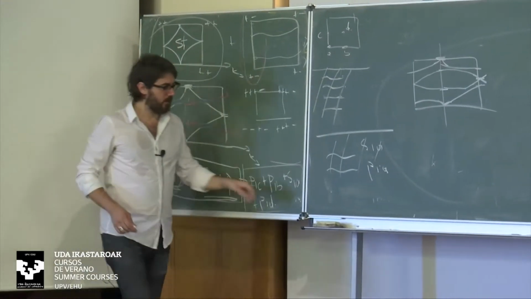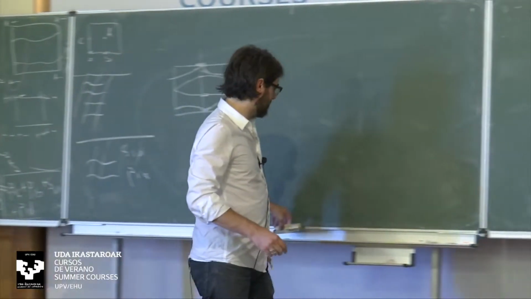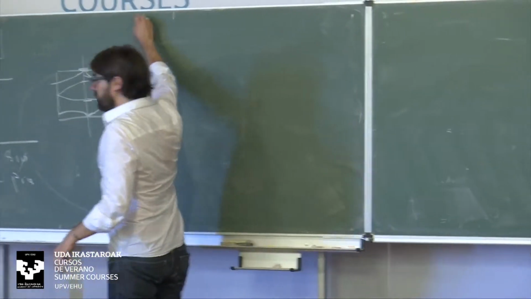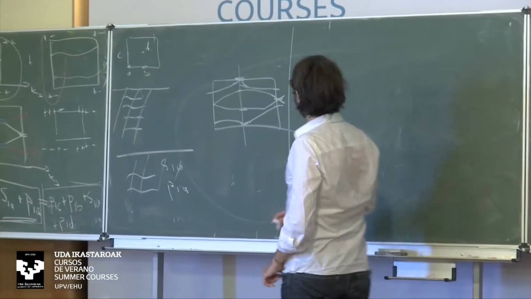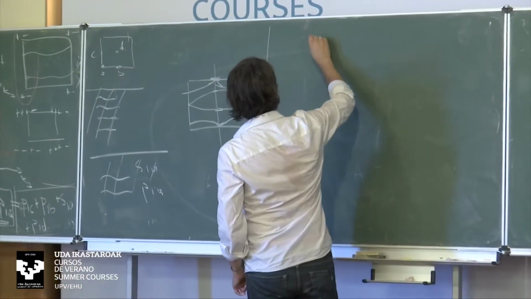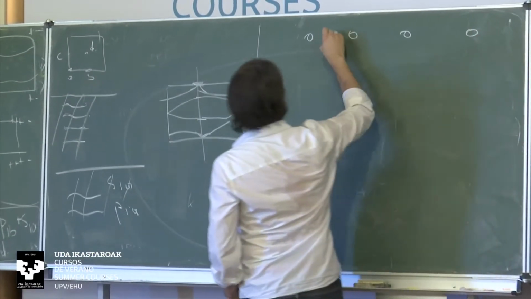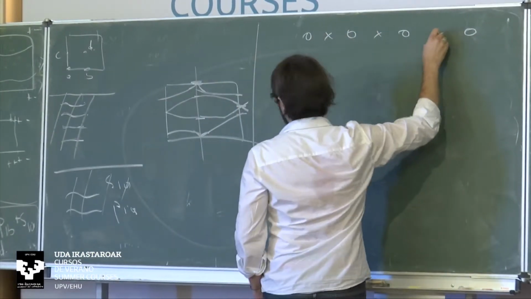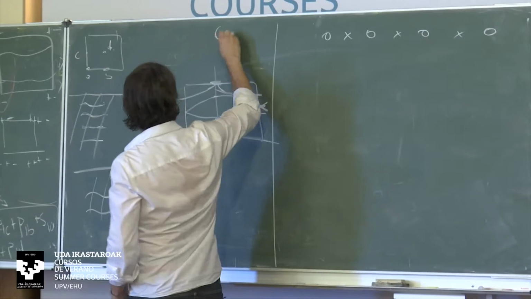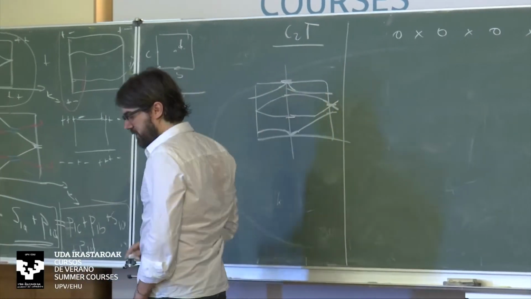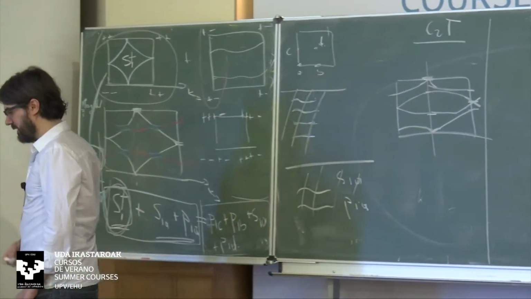Okay, let's get to C2 times T. So we go back to 1D, to our favorite problem, Wyckoff position 1A. The reason I want to go to C2T is that it's the symmetry that exists in graphene.